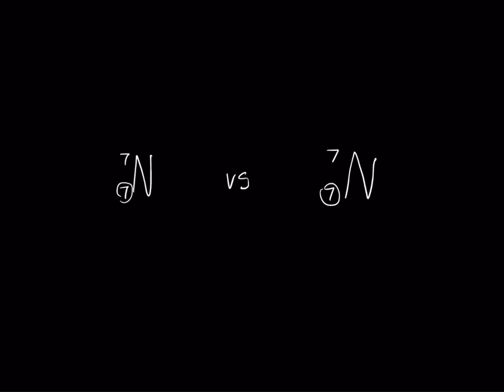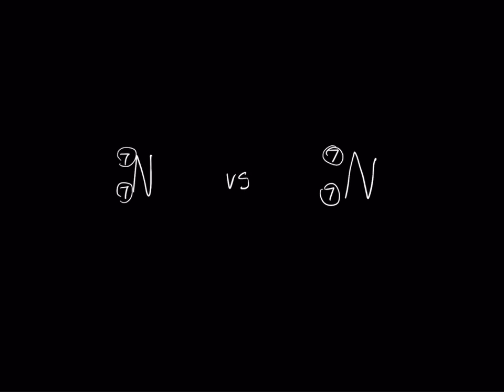Let's look at another example. Are these going to be isotopes of one another? Once again, they're not going to be isotopes. Even though their atomic number is the same, their mass numbers are also the same.